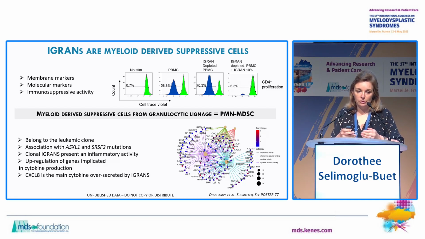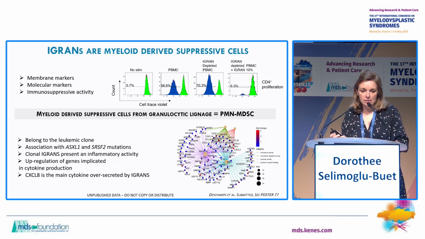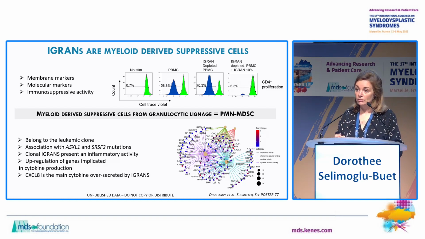So these cells present immunosuppressive activity, which could explain their poor prognosis because they modify the adaptive response in a CMML patient. These cells belong to the leukemic clone. They express the mutations as the stem cells or the monocytes. And most of the time, the accumulation of I-Gran is correlated with the mutation of TET2 and SRSF2.